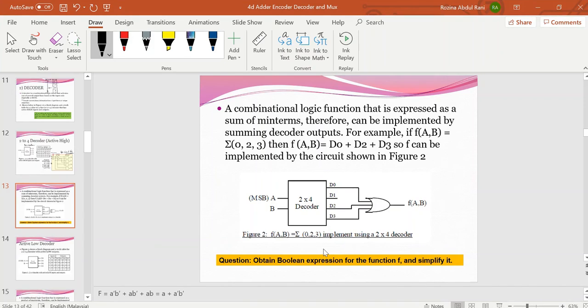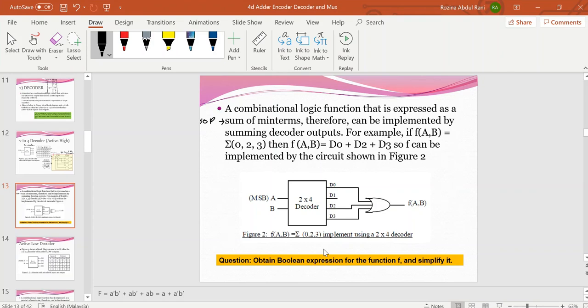So let's say here we have a combinational logic function that is expressed as a sum of minterms. Sum of minterms means sum of products, so it can be implemented by summing decoder outputs.